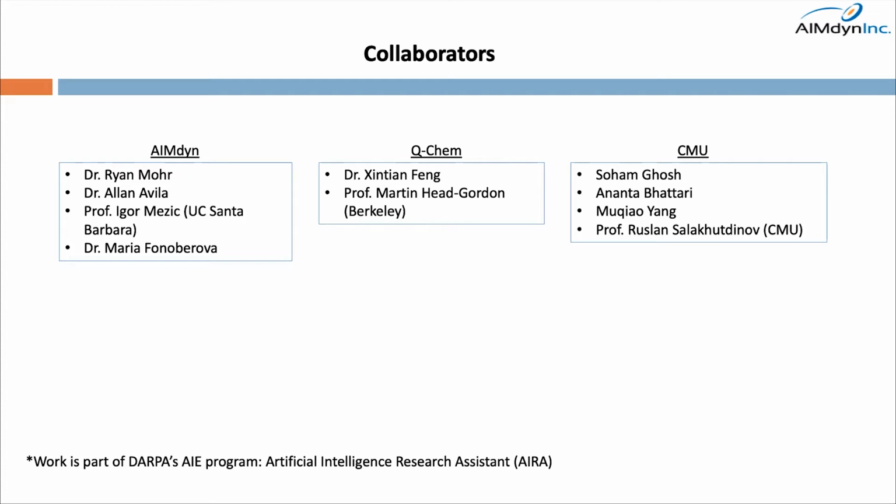And we had a sequence of graduate students from master's and PhD level working on this project at different times. This is Soham Ghosh, I believe, who is at Google now, Ananta Attari, and Muchao Yang. And this work was supported under DARPA's AIE program on Artificial Intelligence Research Assistant.